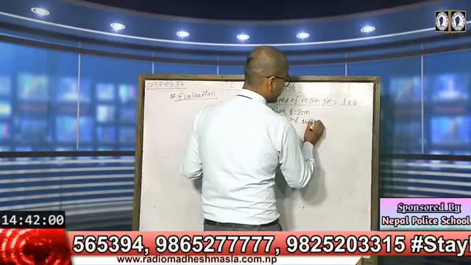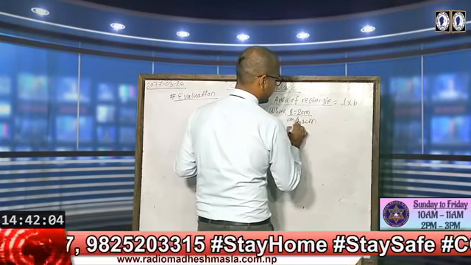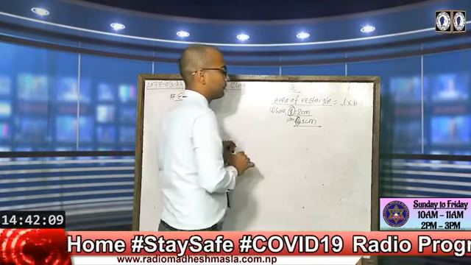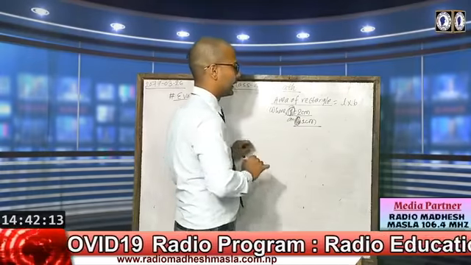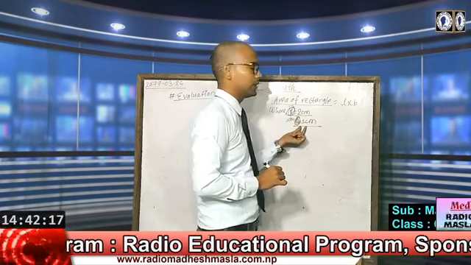Here L means the length of the rectangle and B means the breadth of the rectangle. So the length is 2 centimeter and the breadth is 1 centimeter.